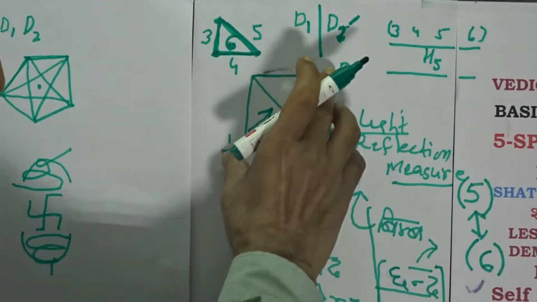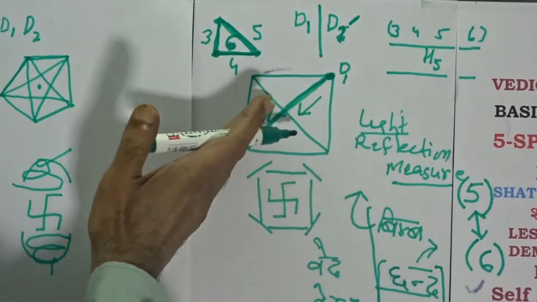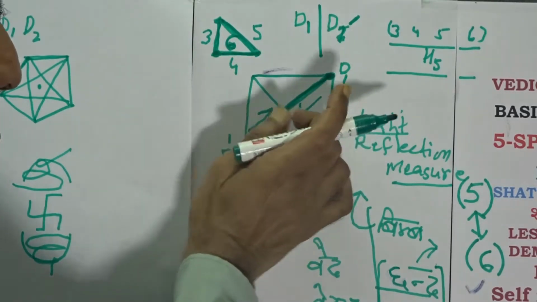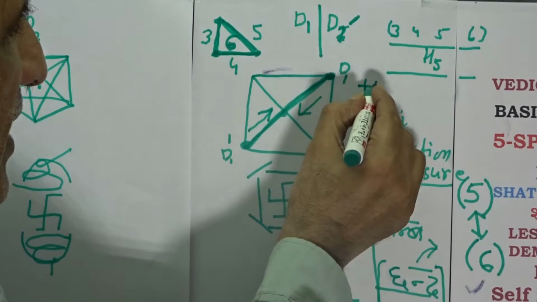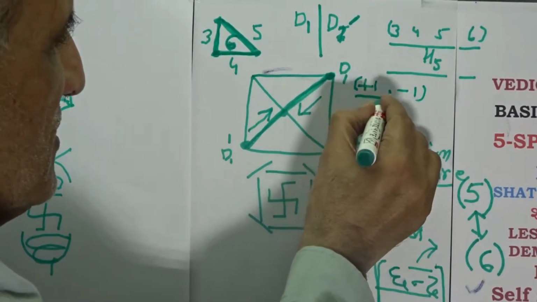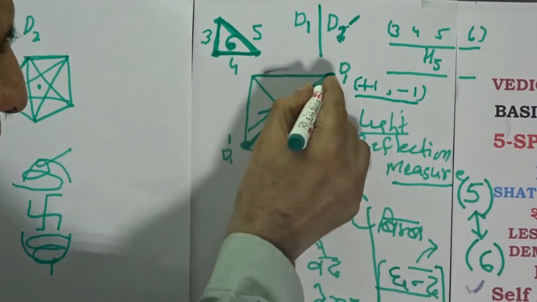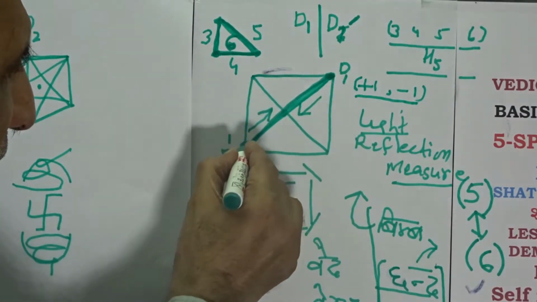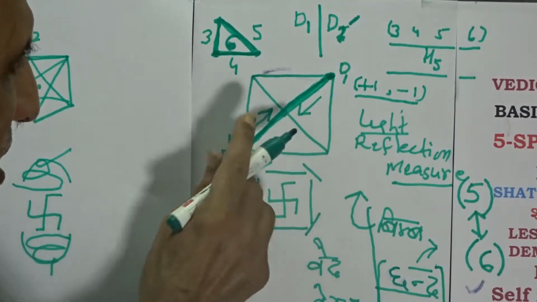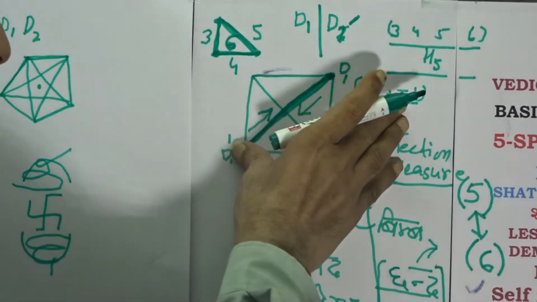So this pair of internal diagonals connecting two corner points will get superimposed, like +1 and -1 getting superimposed. So a pair of internal diagonals, because of opposite orientations, get superimposed upon themselves.